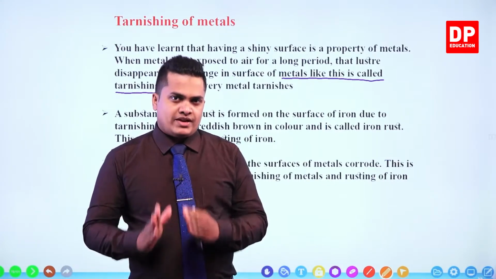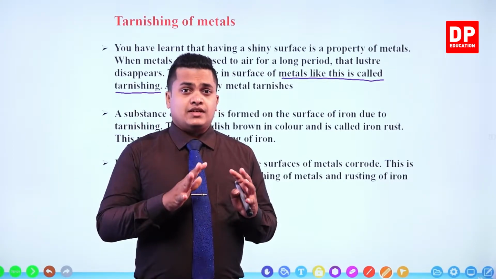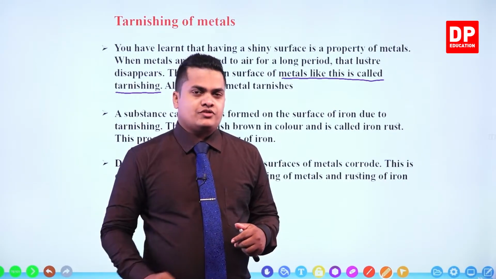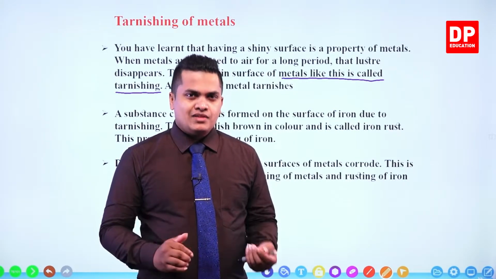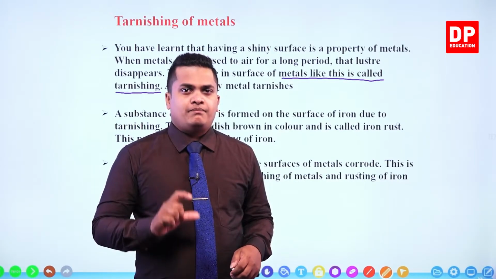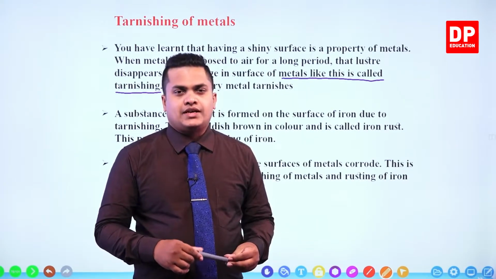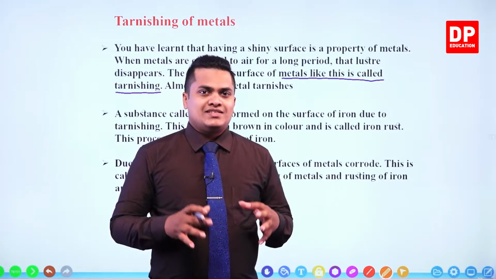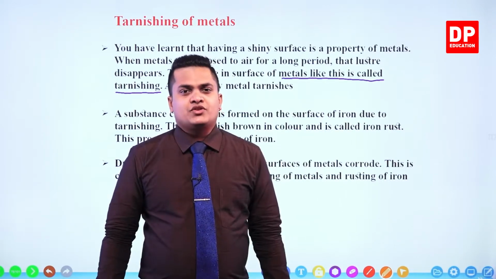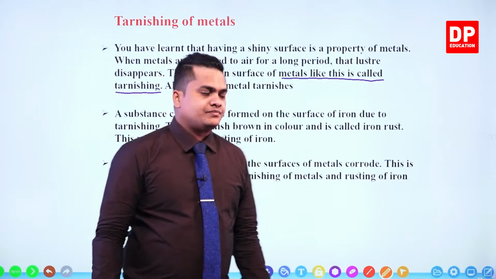So from metal to metal, the tarnishing color is going to change. But ultimately, what happens is the lustrous nature of the particular metal is going to disappear with time, right? So this reduction of luster or the shiny nature of metals is called tarnishing of metals.